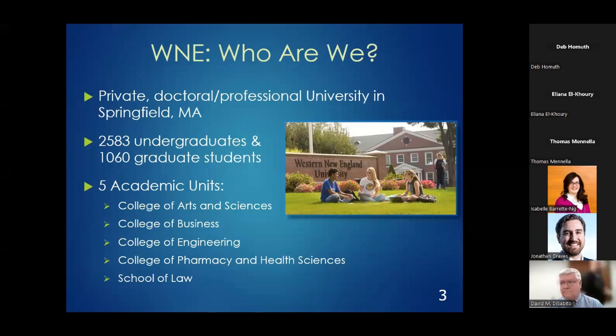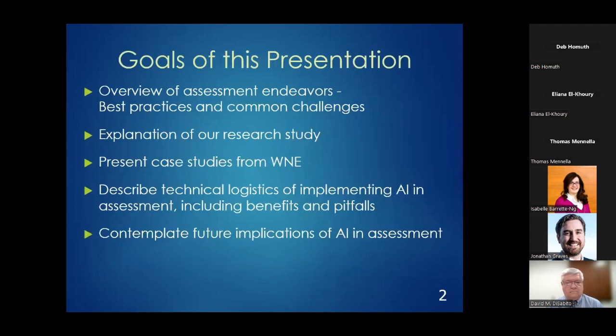As you can see, we are a university, but we're relatively small with about 3,600 total students, a wide variety of academic programs, as you can see with our colleges and law school. In terms of what we hope to accomplish today, we'd like to do a quick overview of best practices and common challenges in assessment, explain the research study that we undertook to try to work on some of those assessment challenges.